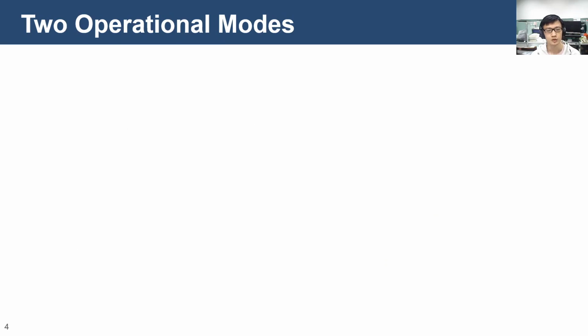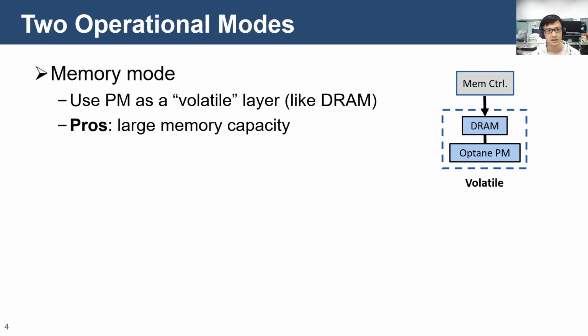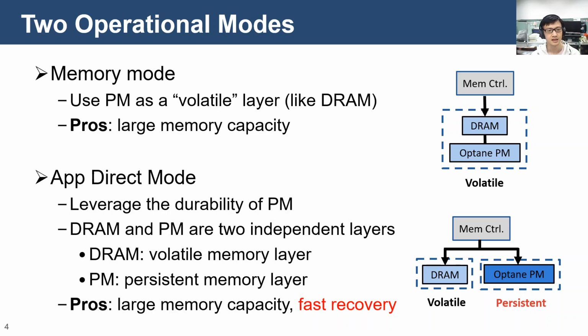There are two operational modes for PM, memory mode and App Direct mode. In the memory mode, Optane PM is deployed as a volatile memory layer like DRAM. Hence, we obtain large memory without changing existing applications. In App Direct mode, we leverage the durability of PM and configure PM as a persistent memory layer, independent of conventional DRAM.